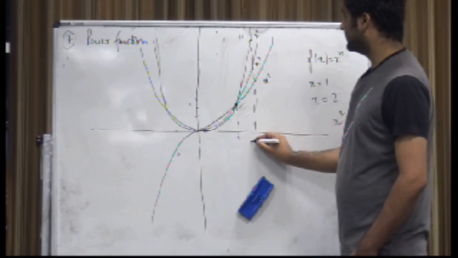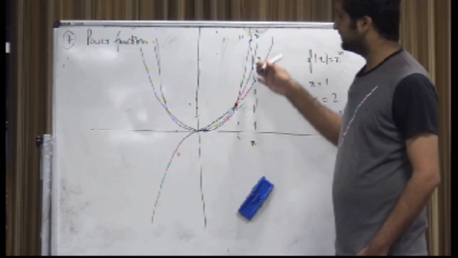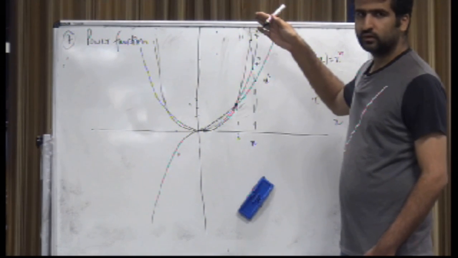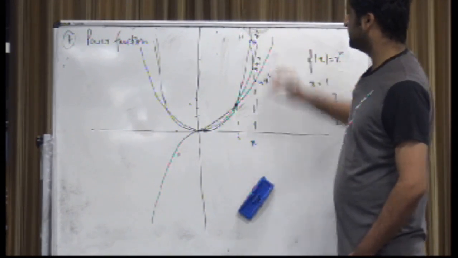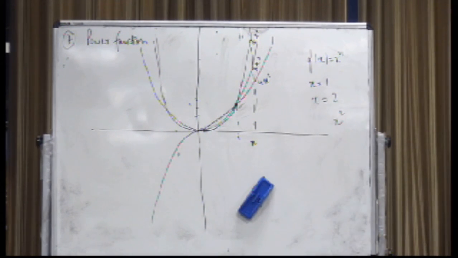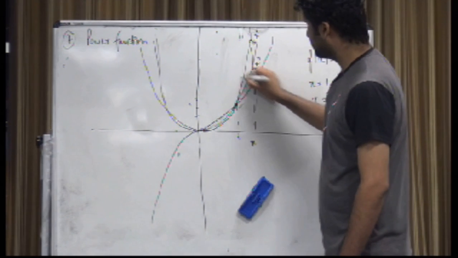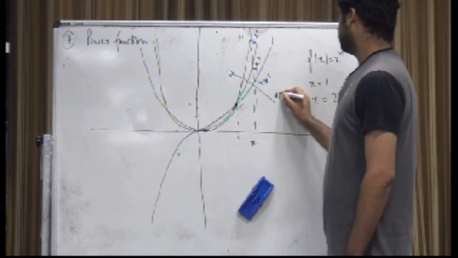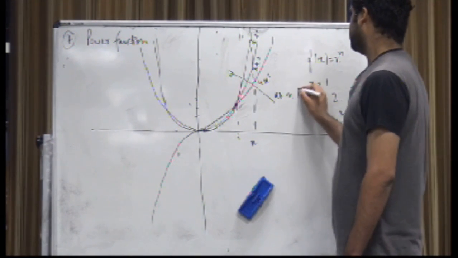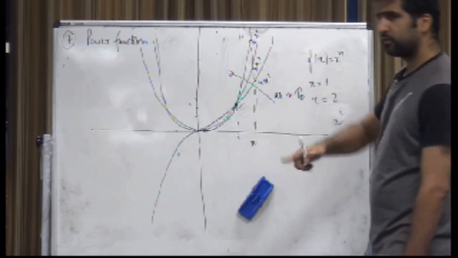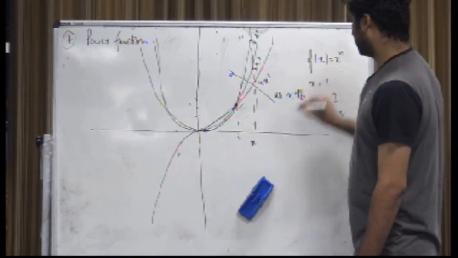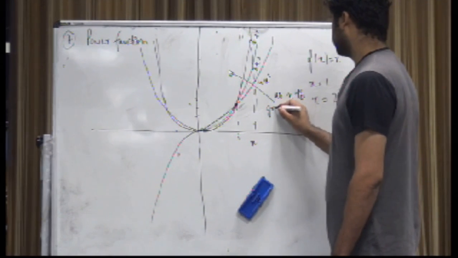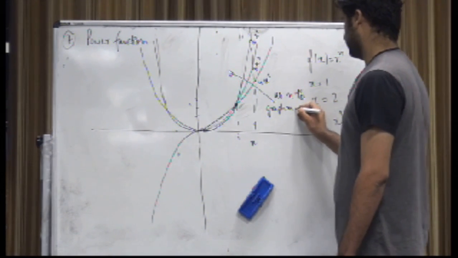So for x is equal to 2, the value keeps increasing, because here you're getting 4, here you're getting 8, and here you're getting 16, right? So what we can say is, as n increases, the graph moves inwards, towards the y-axis.